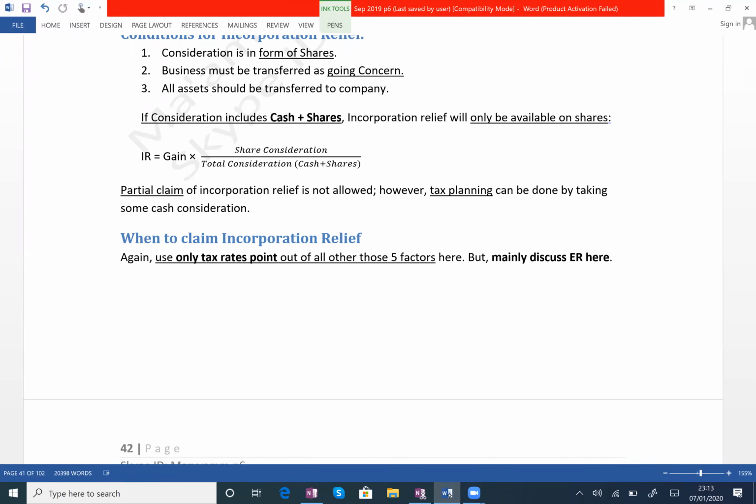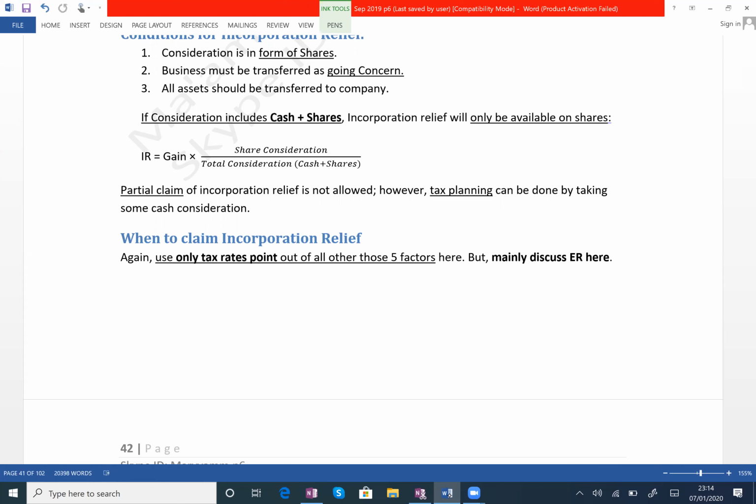In the part disposal topic, we sell part of an asset, not the full asset, and then a gain arises. The gain on part of an asset can be deferred through the small part disposal relief.